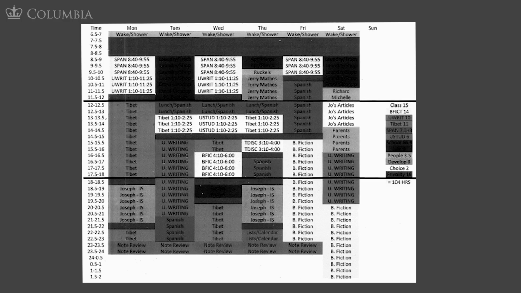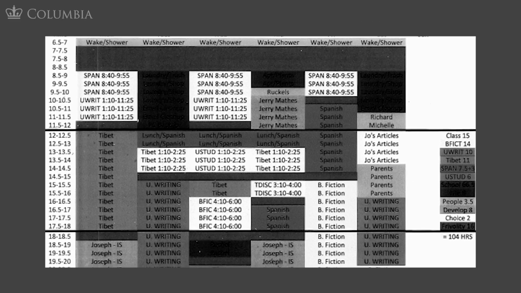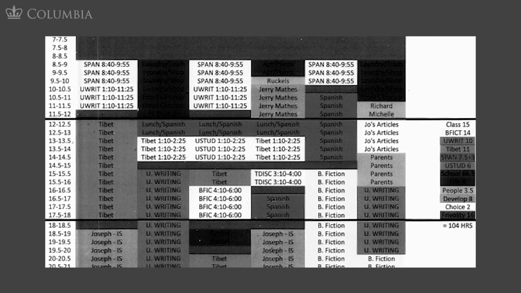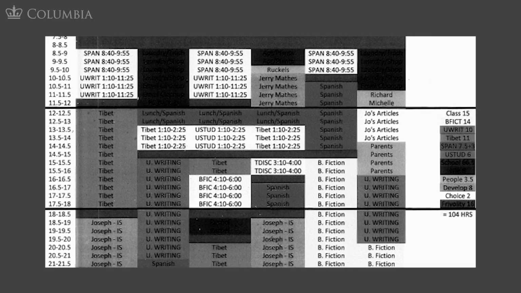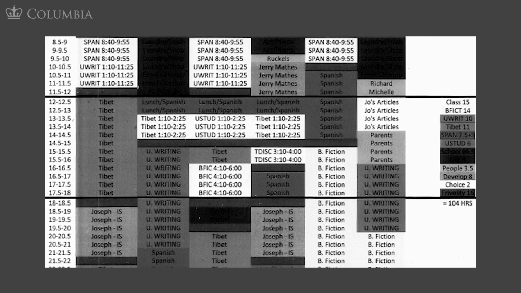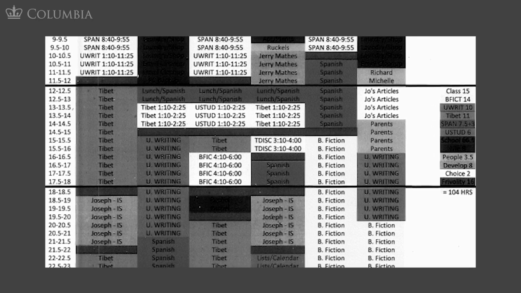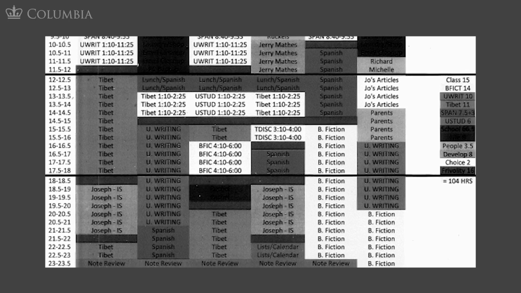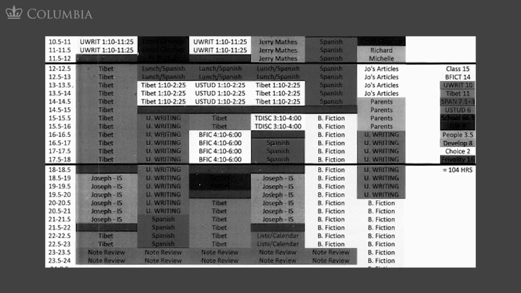Here's an example of a weekly plan that a student put together for me a couple of years ago. And I think it's a really cool document because it does 2 things at once. Yes, it's a calendar. It shows how the student has organized his time, but it's also a kind of time audit. It shows us how much time is being spent on particular activities and where the student is putting their most valuable time.